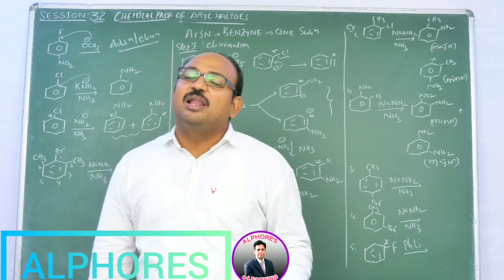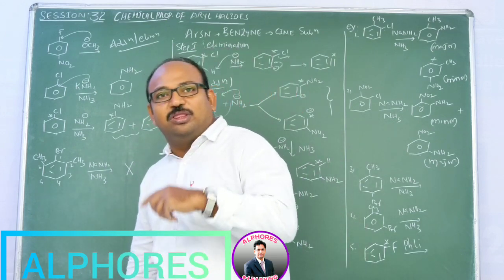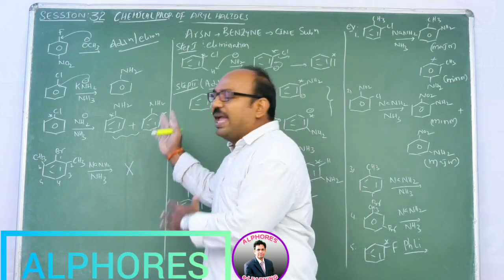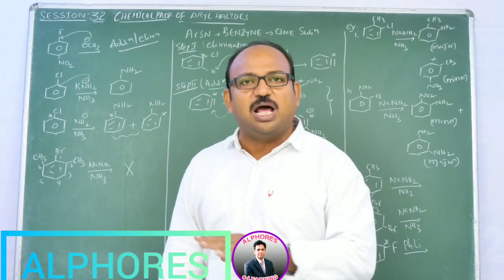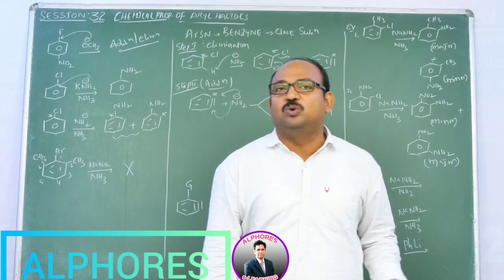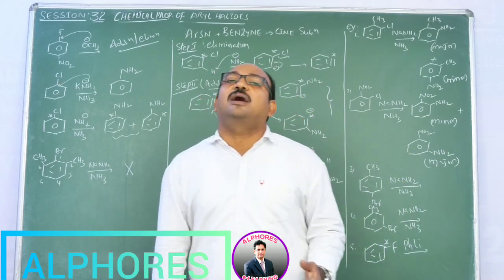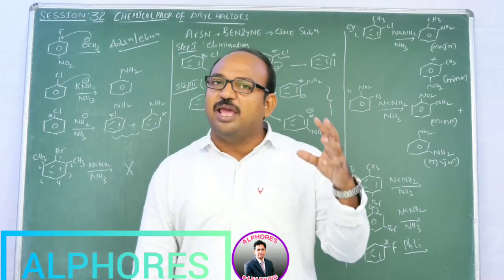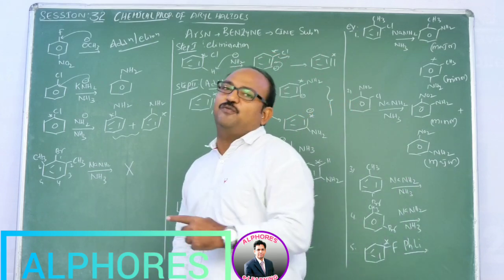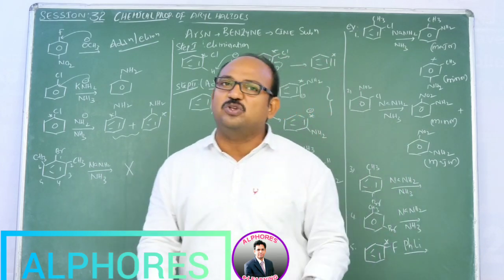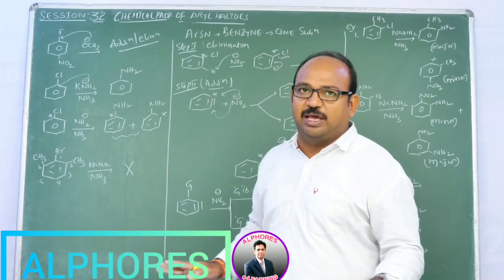The concept that where the leaving group is there, to that carbon only the attacking nucleophile has to come and attack is wrong. It's not always true. That's true only in the case where the ring contains an electron withdrawing group. In such a case, the addition followed by elimination mechanism proceeds, but not everywhere.